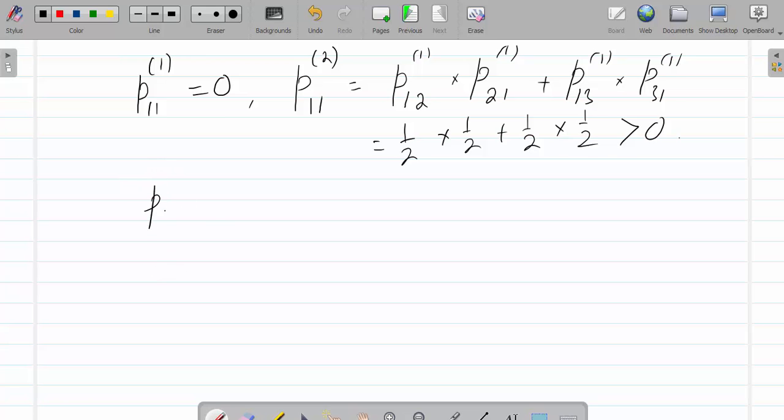Similarly, P11^(3) we can find is also greater than 0.